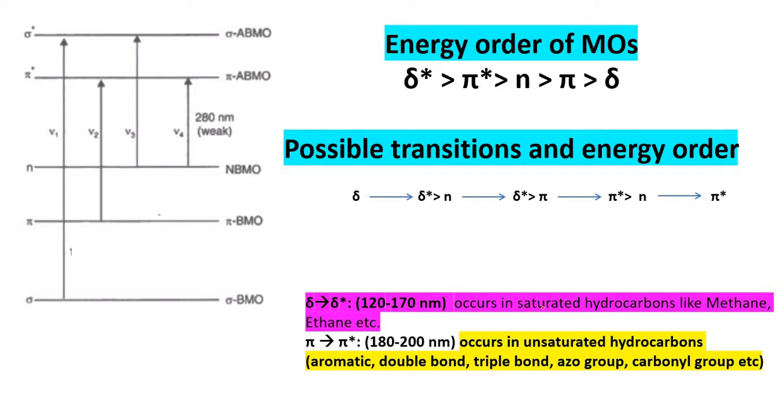As we discussed in the last lecture, molecular orbitals are of the following types: sigma star, pi star, the non-bonding molecular orbital, which is n, then pi orbitals, and sigma orbitals.